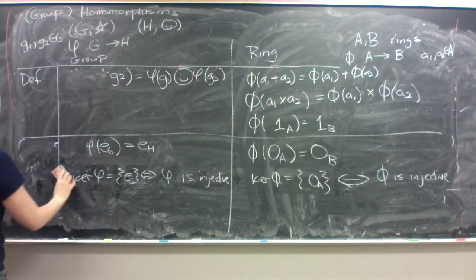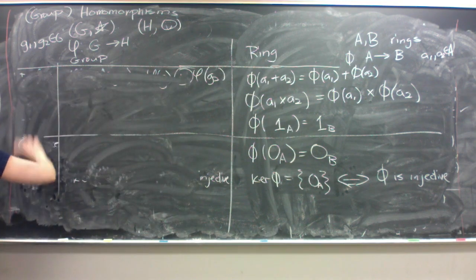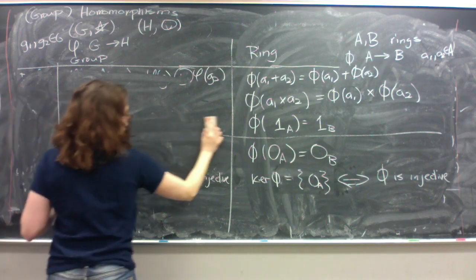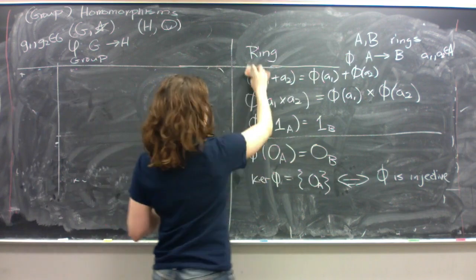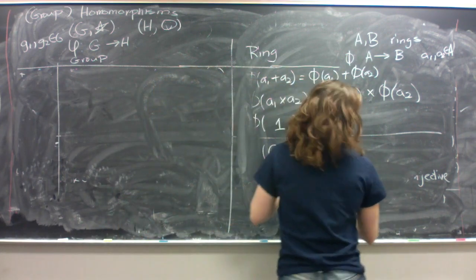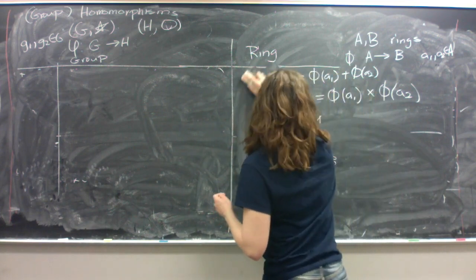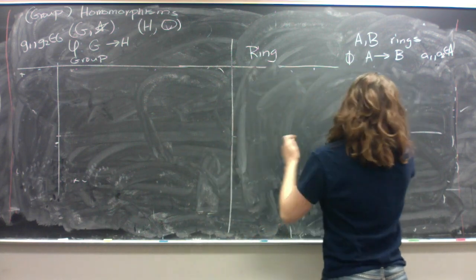So we're now going to assume the same things, that G and H are groups and A and B are rings, but we're going to add the assumption that phi in both situations is an isomorphism.